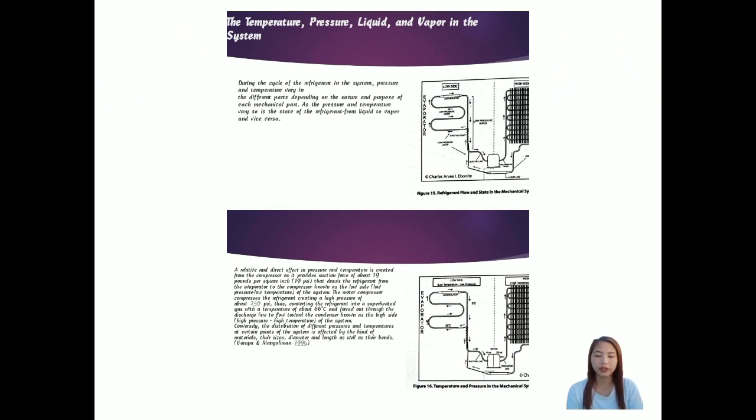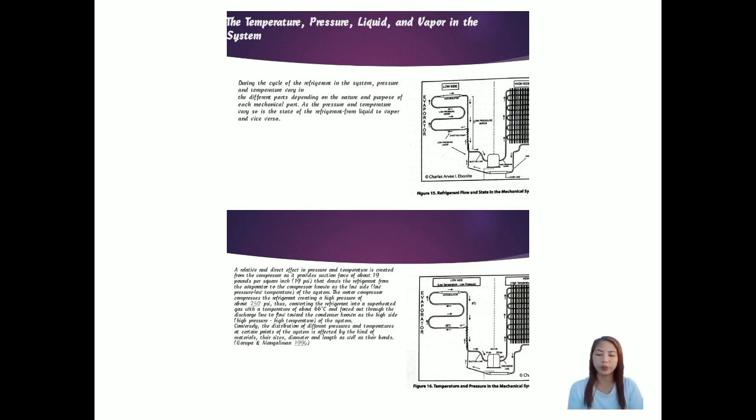A relative and direct effect in pressure and temperature is created by the compressor as it provides suction force of about 19 pounds per square inch that draws the refrigerant from the evaporator, known as the low side of the system.